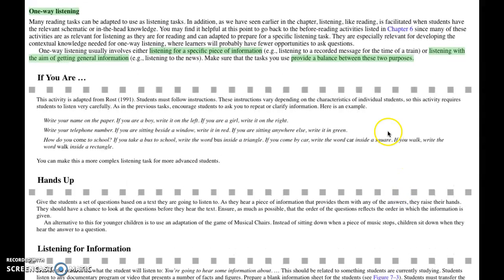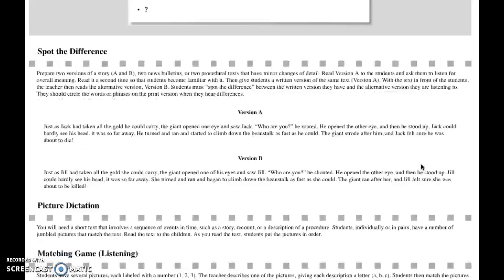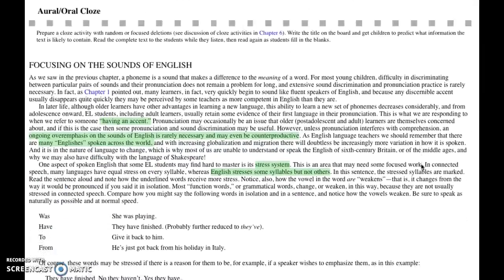The important thing to note here is that listening for a specific piece of information, or listening with the aim of getting general information, are different ways that one-way listening can be used. So it's very important to make sure that the tasks we use as future teachers provide a balance between these 2 purposes. And here are some examples of the activities that are provided.